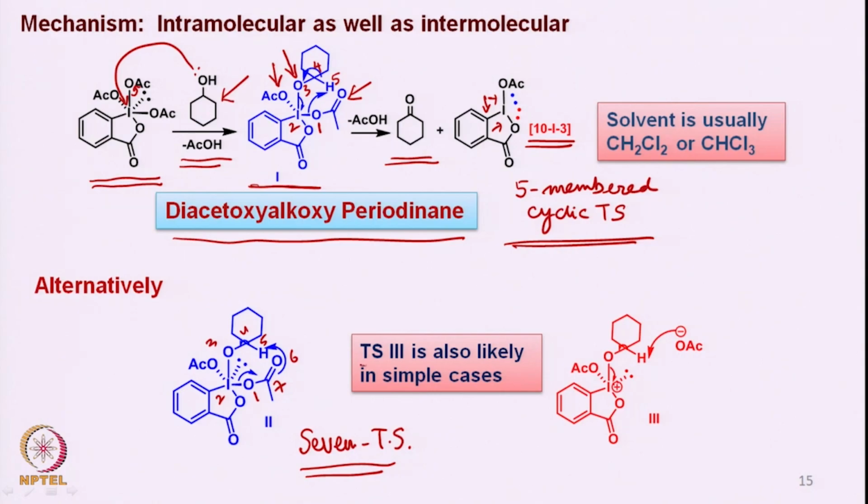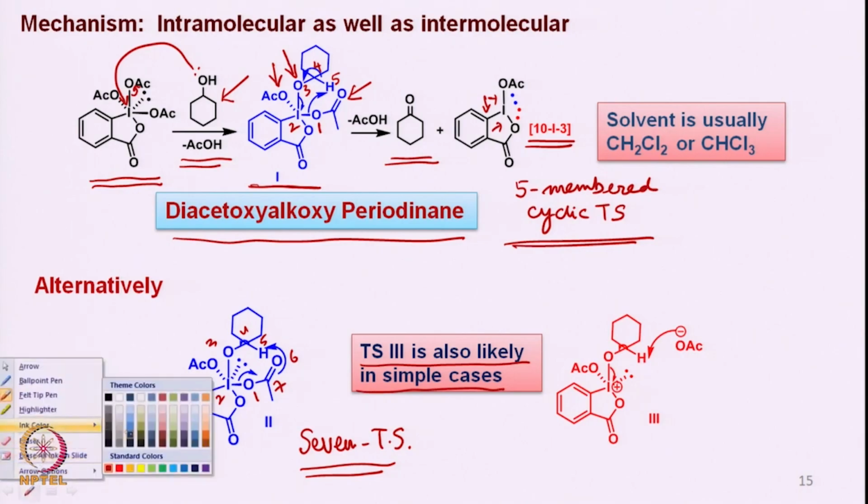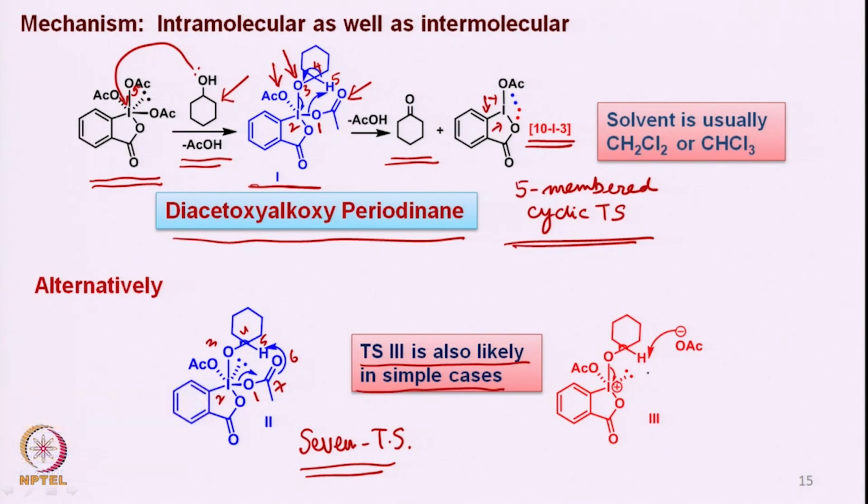But there is also a possibility of a third transition state, which is possible in simple cases such as this, where you have an intermolecular oxidation with the help of the acetate.